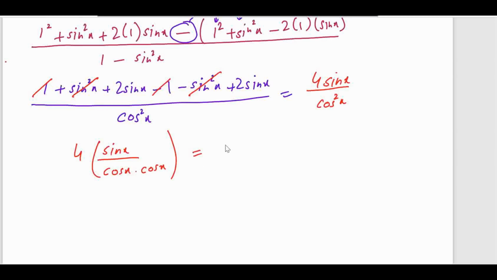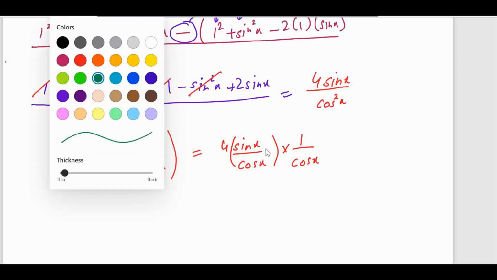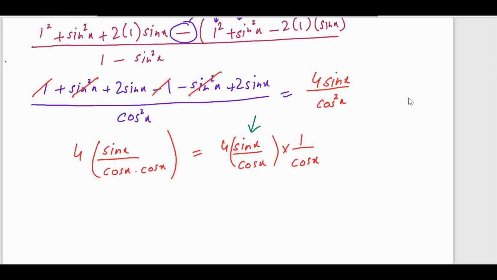Then this will be 4 sine of x divided by cos of x, into 1 by cos of x. Now this term will be equal to tan of x, because we know tan of x is equal to sine of x divided by cos of x. So this will be 4 tan of x divided by cos of x. This will be the final answer. I hope the concept is clear.